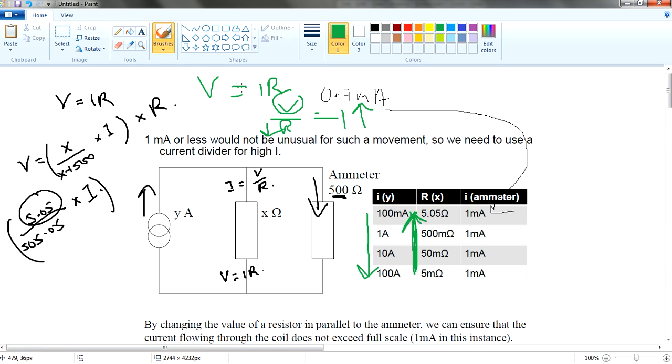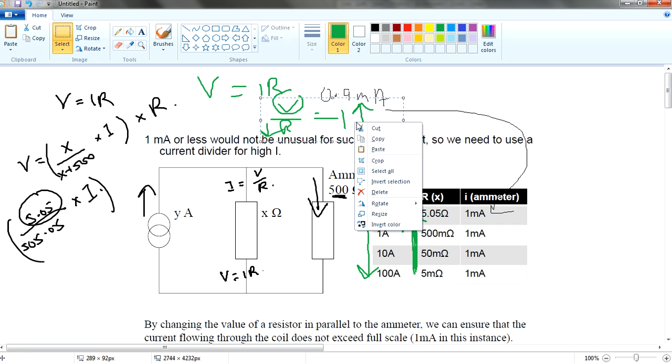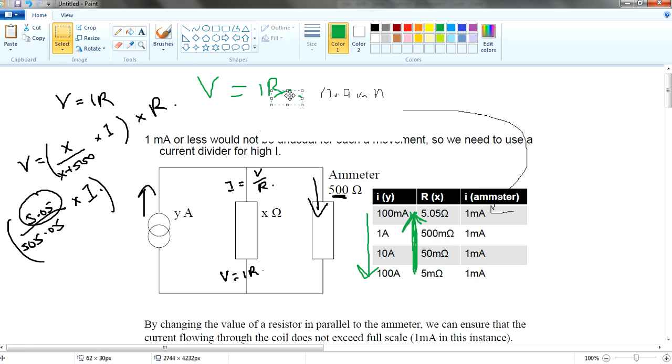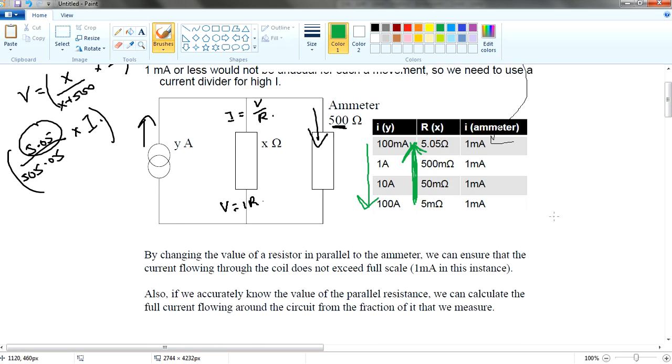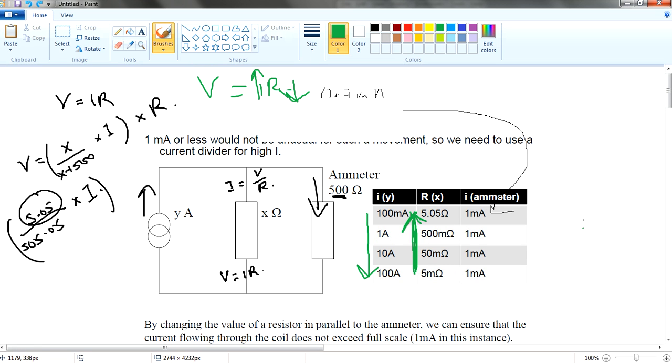In other words, this formula, this is R. So if your current increases, your resistance is going to decrease in order to keep this thing constant. So in another sense, I think you get what I mean already. And in fact this is not voltage. This is actually the current.